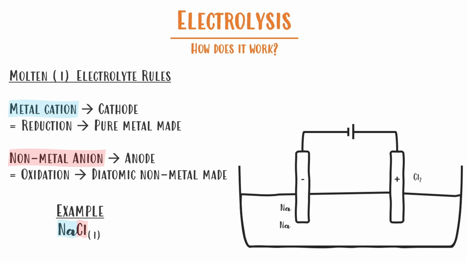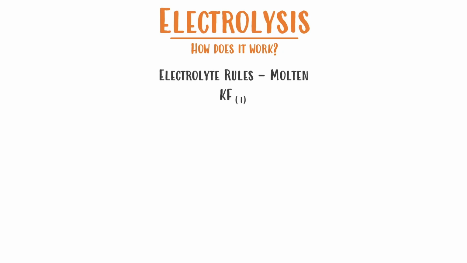Now, we'll show how to do half equations in another video and observations that you'd expect to see through electrolysis. For now, we'll work on the rules. So, following the rules for the molten sample, we've got potassium fluoride. We'll identify the ions present, so potassium and fluoride.